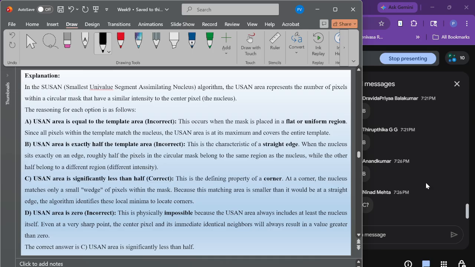Now our next option, USAN area is zero. This is physically impossible, because the USAN area always includes at least the central pixel itself. Even at a very sharp point, the central pixel and its immediate identical neighbors will always result in a value greater than zero. So the correct option is USAN area is significantly less than half.